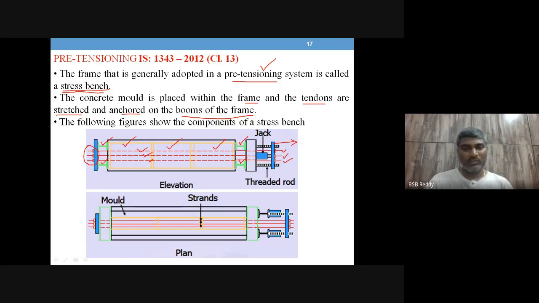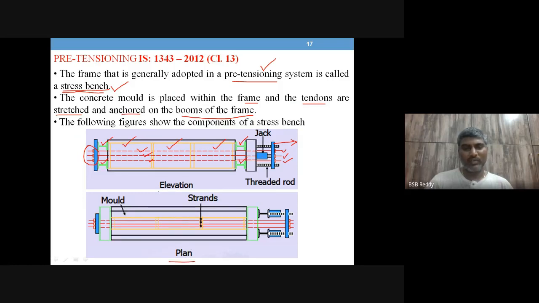Okay, so you don't see any strong foundation here. It's just a tension frame, the extended form of tension frame, whatever we call the stress bench. Okay, so that is the operation that we see here. You can see the strands here, the mold, and this is in plan.